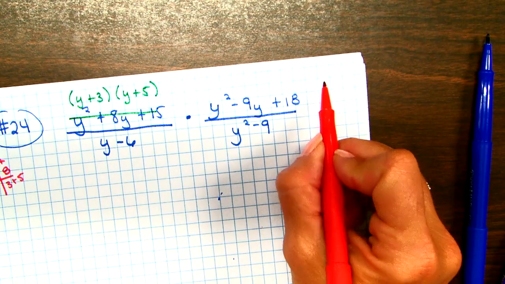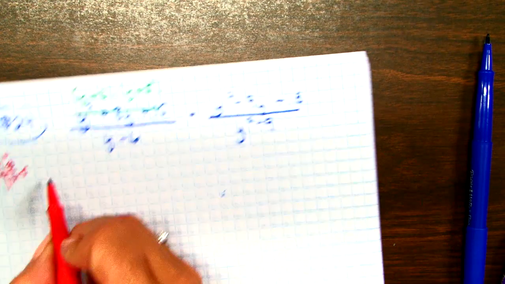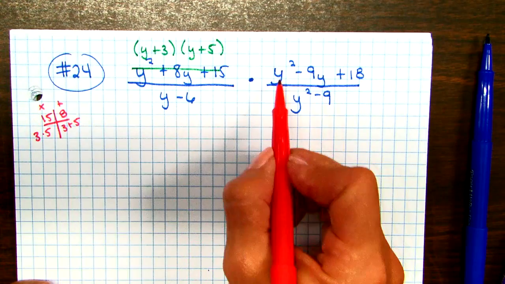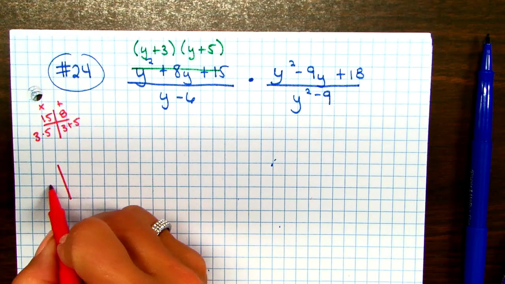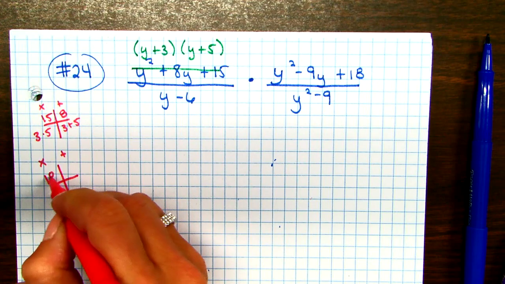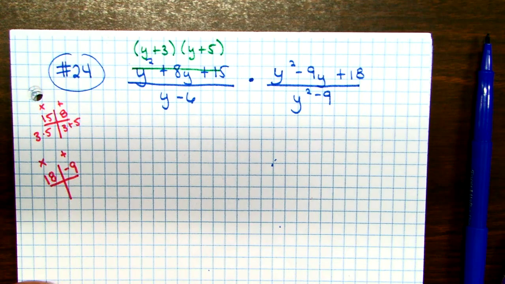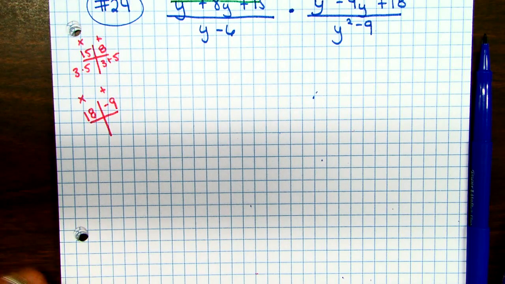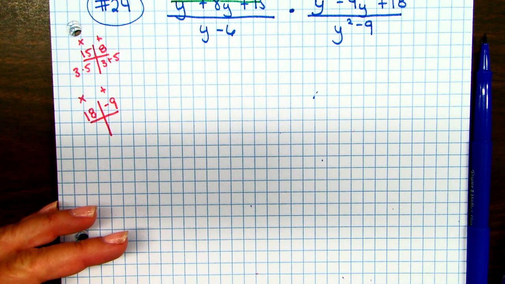I'm just going to use this space over here. I'll do a chart for this one. 18 and negative 9. 18 has a few factors, right? 1 and 18, 9 and 2.